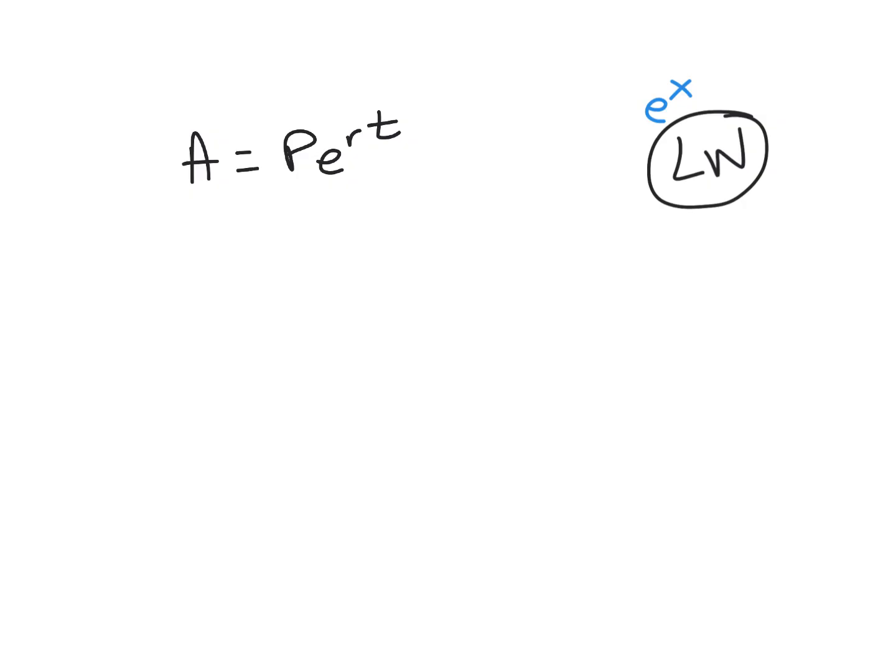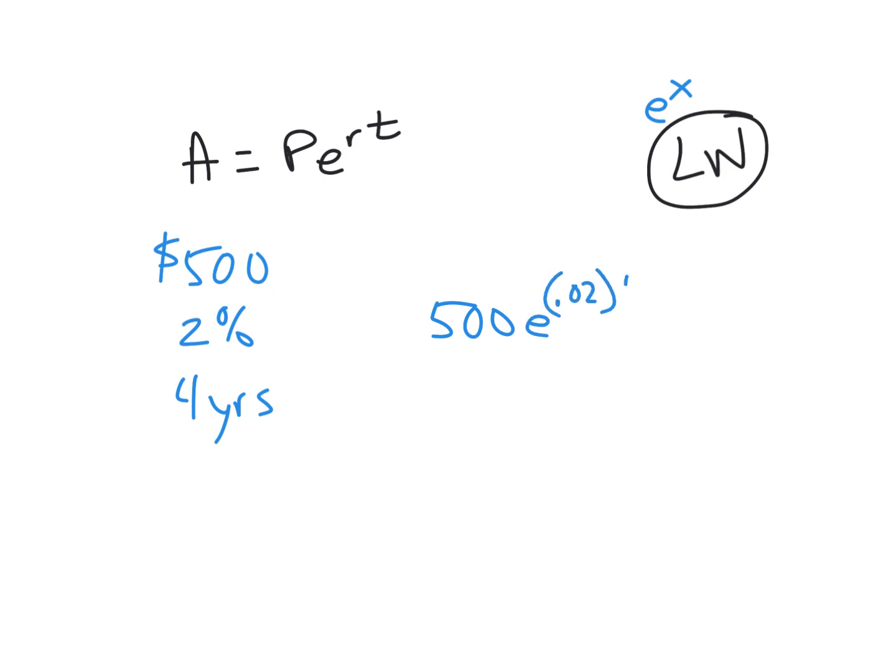So let's say I've got my $500 and it's continuously compounded and I'm earning 2%, and I'm going to keep it in there for 4 years. So I would go 500 times e to the 0.02 times 4, just like that.